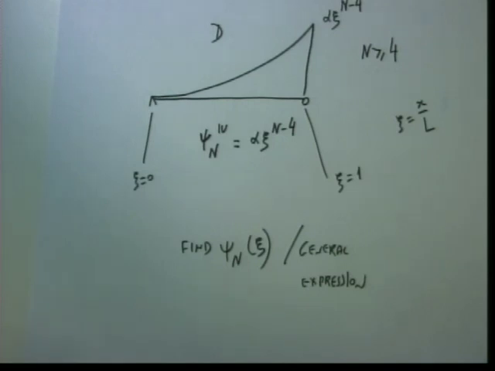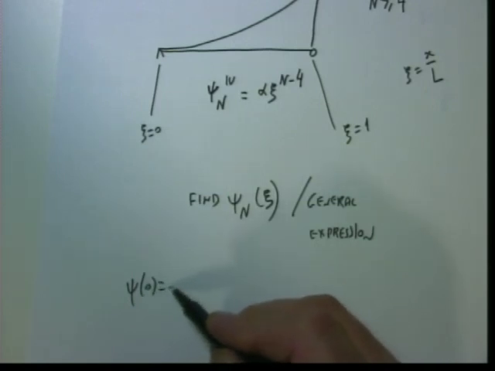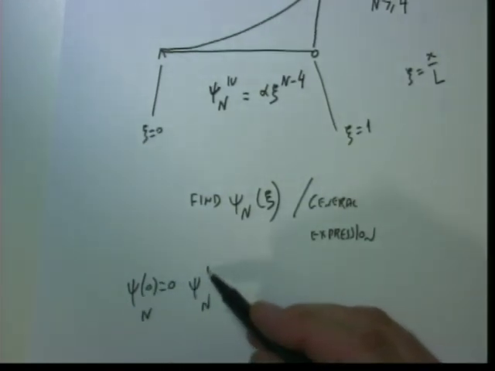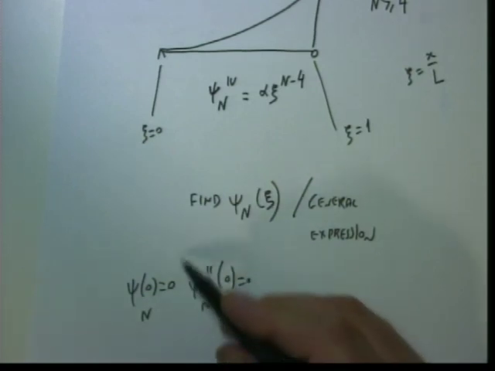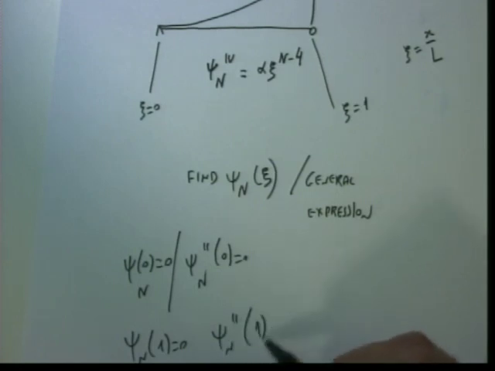So it's a very easy problem. Of course, you integrate once, a second time, a third time, 4 times, and satisfy the boundary conditions each time. Is it not? We have to satisfy 4 boundary conditions. Psi n at 0 equals 0, psi n second derivative equals 0. Then psi n at 1 equals 0, psi n second derivative at 1 equals 0.